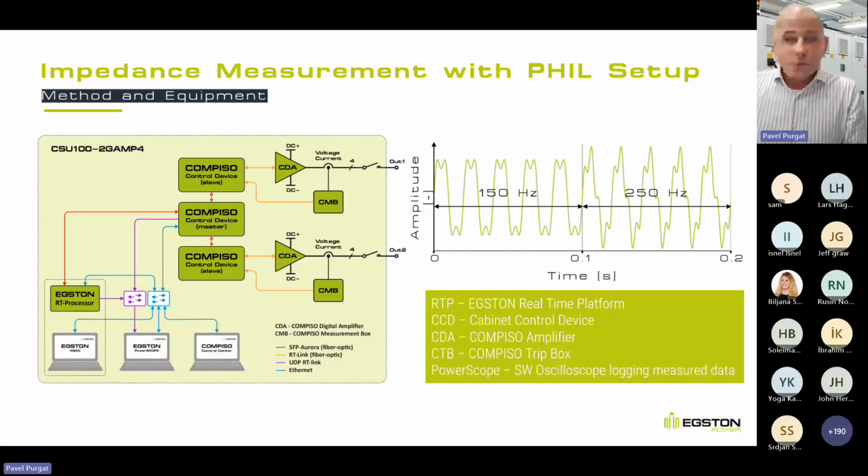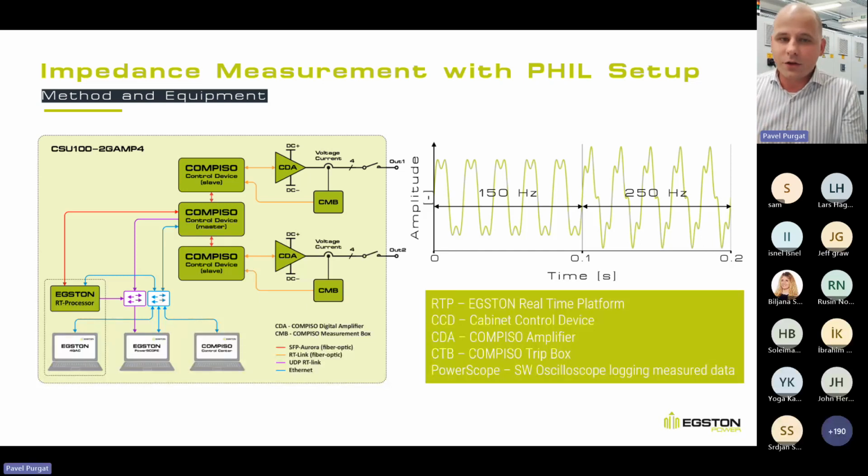The measurement procedure itself is relatively simple. We start with an operating point of interest. We are perturbing it from a very low frequency to a very high frequency, or to the frequency that we need. And the sequence of frequencies that we are interested in can change. What we need to keep in mind is the amplitude of the perturbation, because if it's too small, the signal will be lost in the noise.